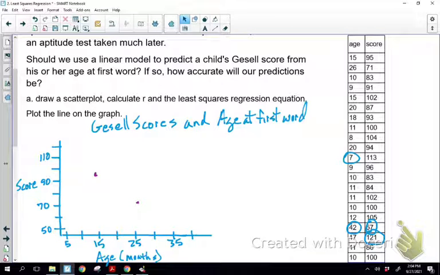Just do your best. It's a funny looking dot. There we go.